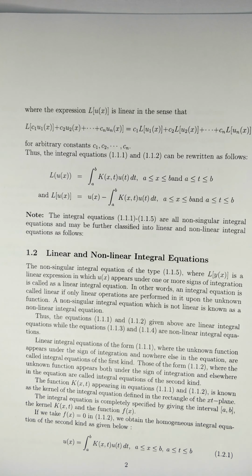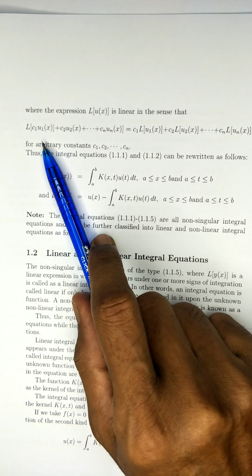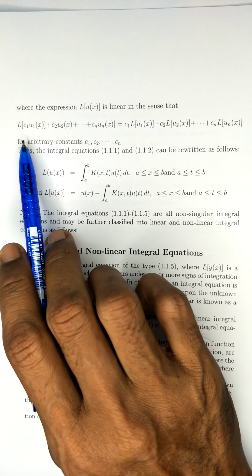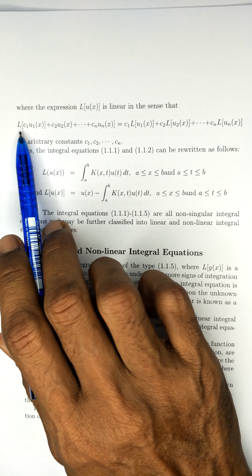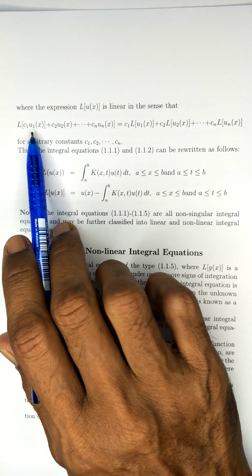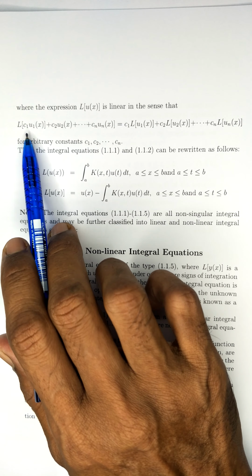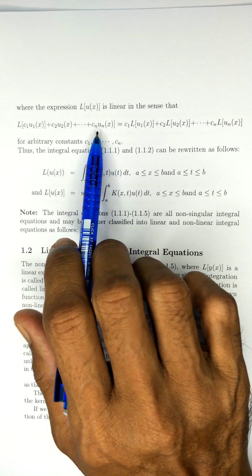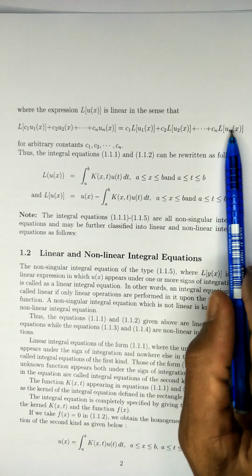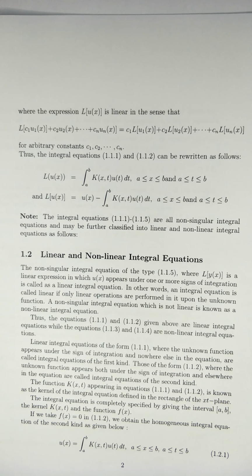The expression L is linear in the sense that, if we apply the operator L on each of those functions multiplied by the constants C1, C2, and Cn, it can also be written separately: C1 L u1 plus C2 L u2 and so on. We call this relation linear.